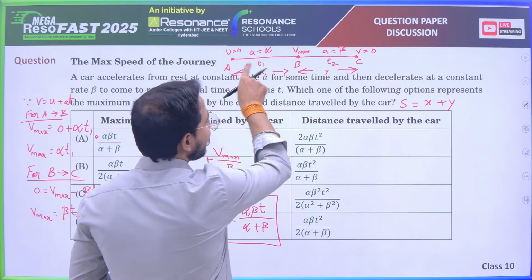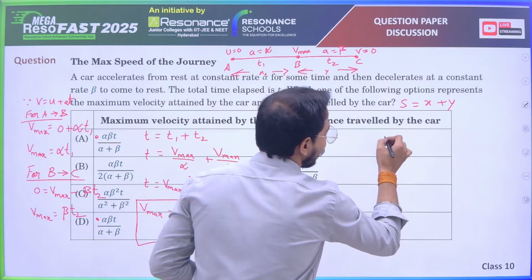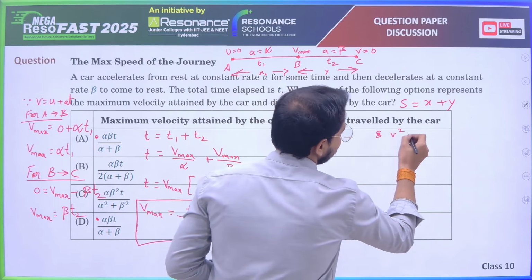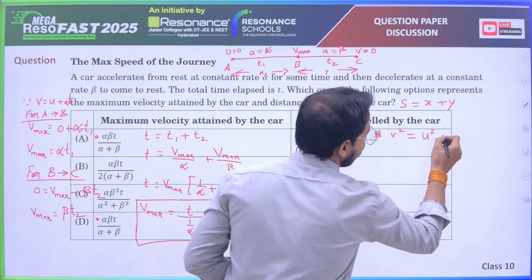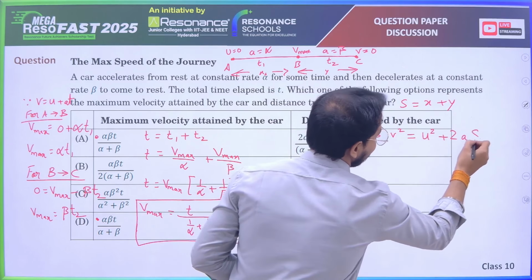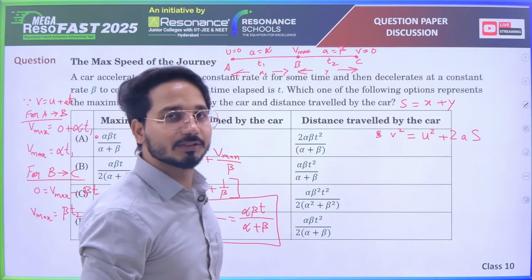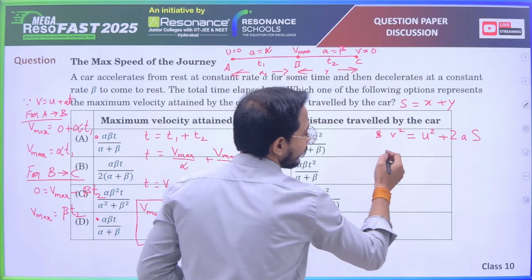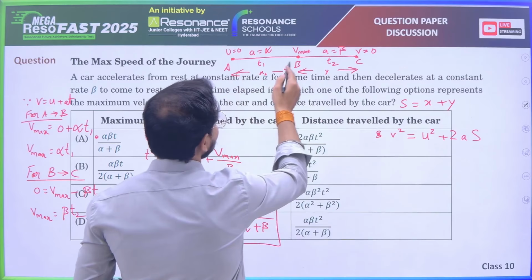Now for the journey A to B, this distance s we know from the third equation: v square is equal to u square plus 2as. So for the first case A to C, what is v square over here?